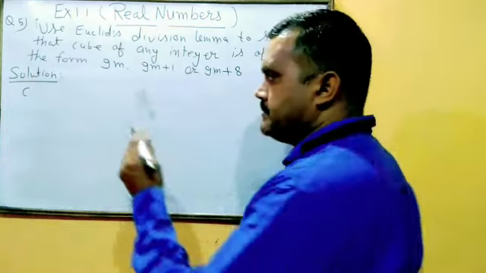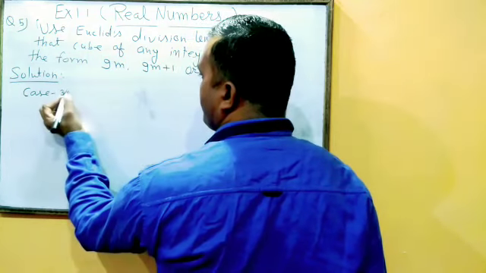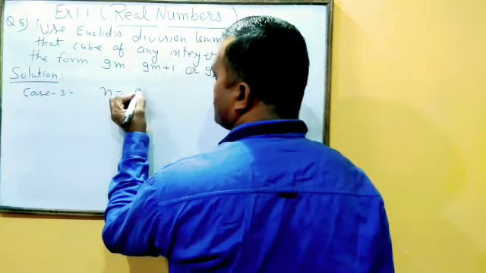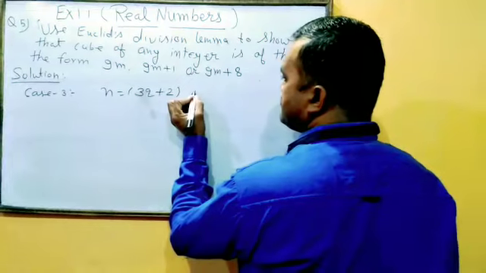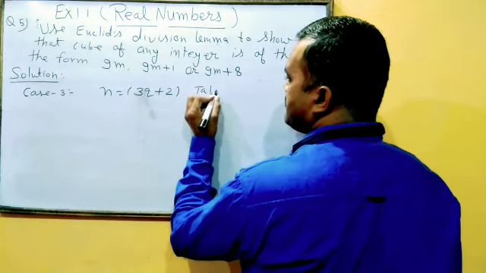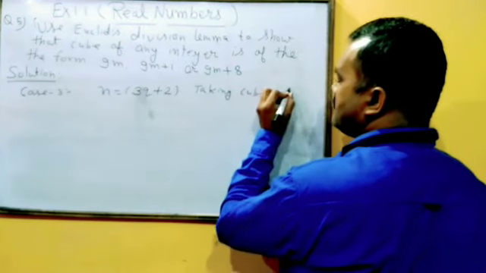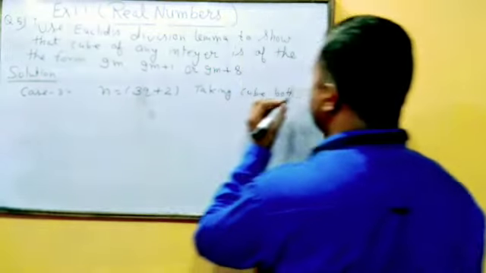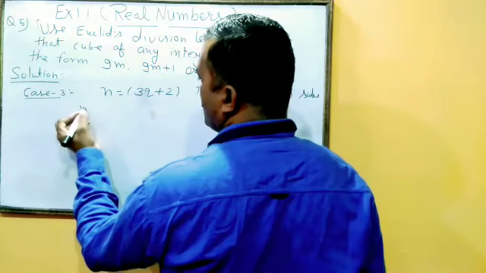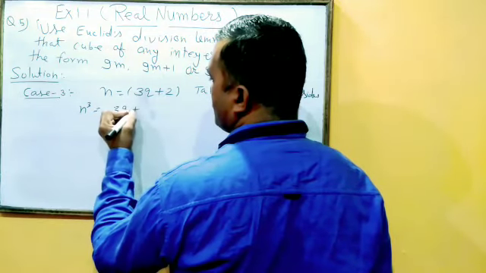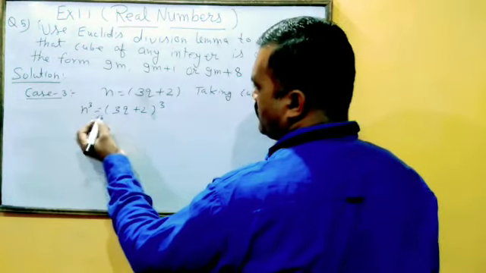Now we discuss case 3. Next case is case 3. n is equal to 3q plus 2. According to the question, taking cube both sides, as we have done in the previous cases, n cube is equal to (3q plus 2) whole cube, and we have discussed the formula already, how to open this.